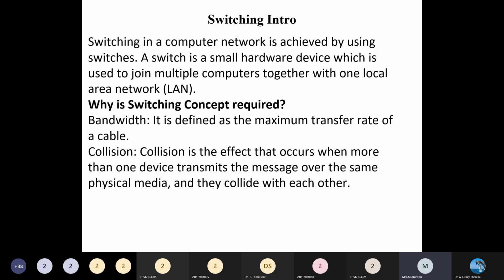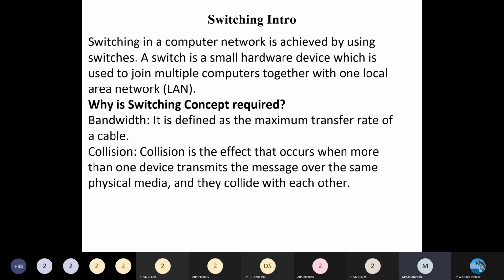transferred from one source to another destination. So it depends on the speed of the network, how the data is transferred from one host to another host, or to some other host, in communication across multiple networks.